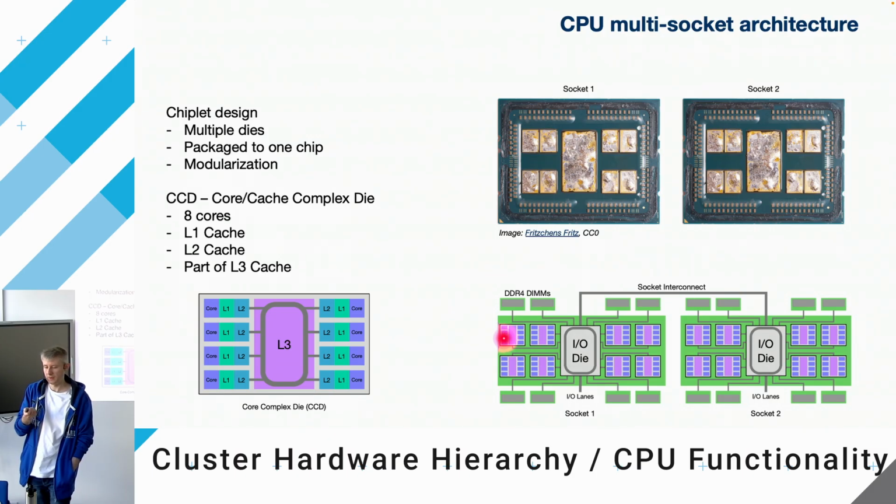So it can access all the data on the memory connected here on the other socket. So it has to go through this socket interconnect. And it could also talk to the devices that are connected here through the I/O ports of the other socket. So every core can access all of the resources.